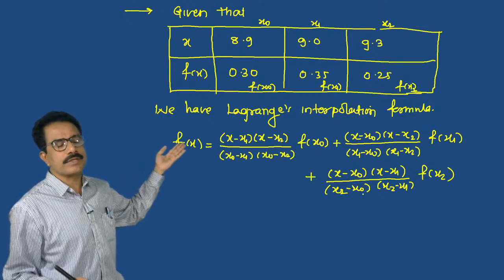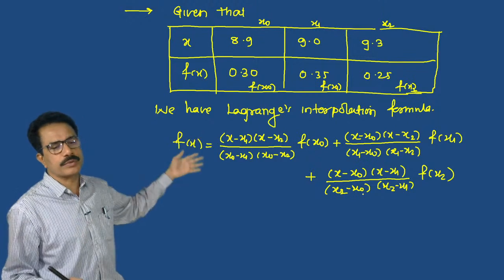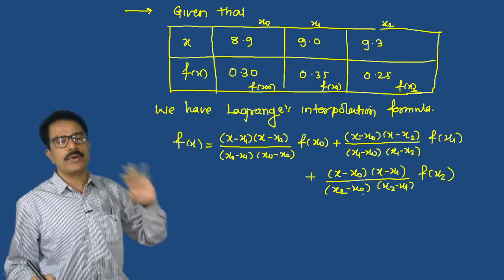The three values of a function f of x0, f of x1, f of x2. So we have to write this formula for only three values.